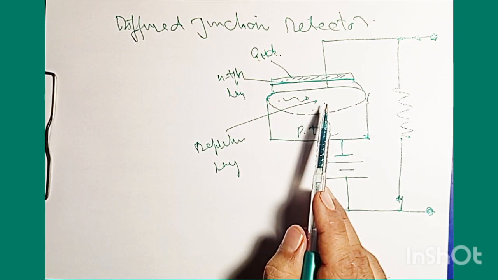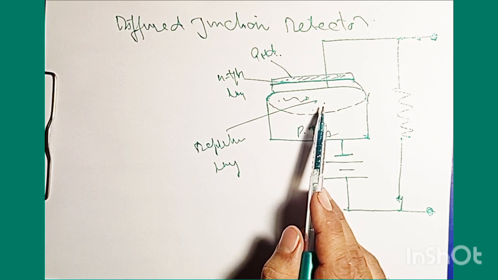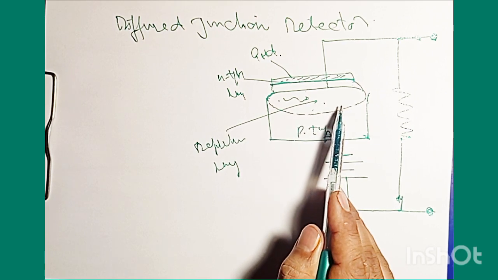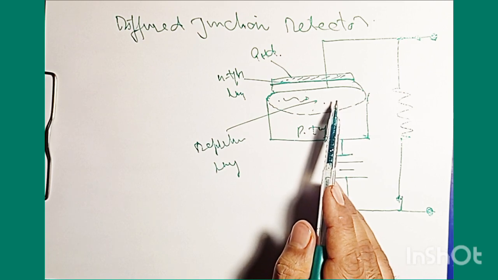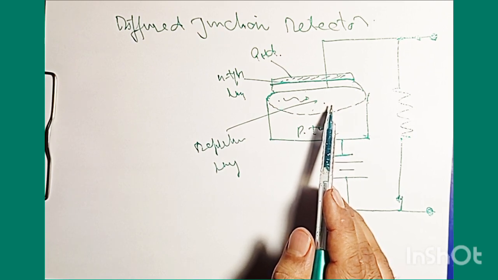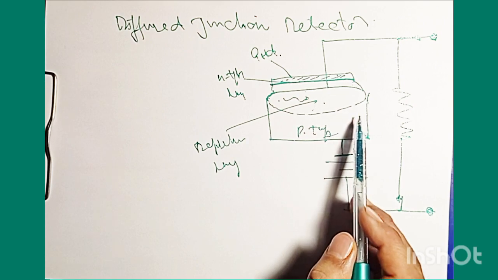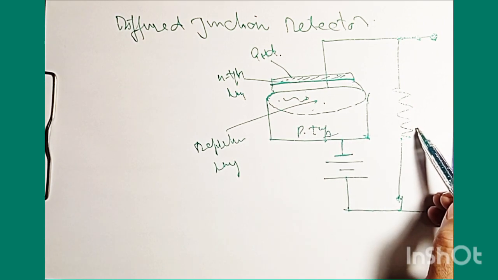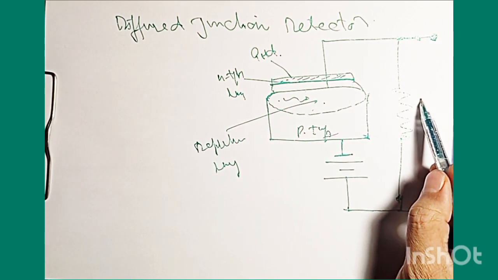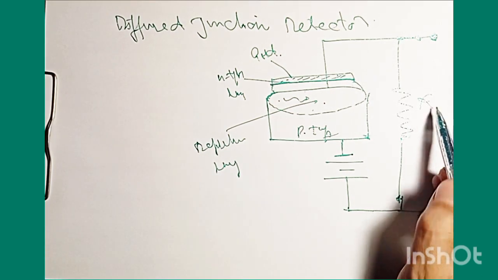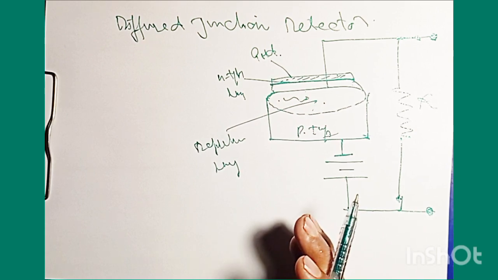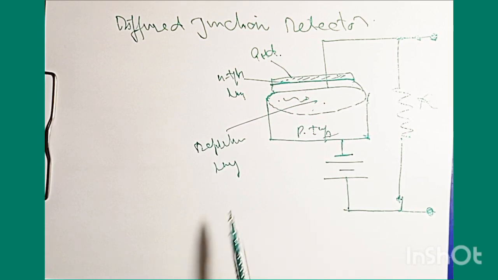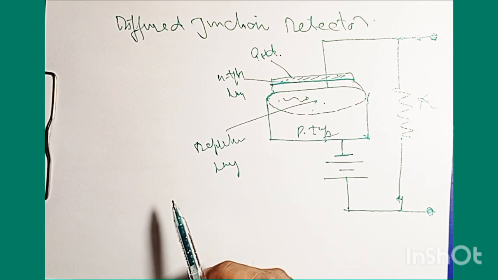The electrons and holes are swept away by the applied electric field, because there is an electric field available there, and are registered as a voltage pulse across this external resistor R. This way the presence of the charged particle can be detected using this diffused junction detector.